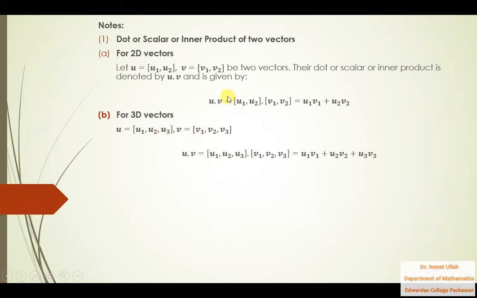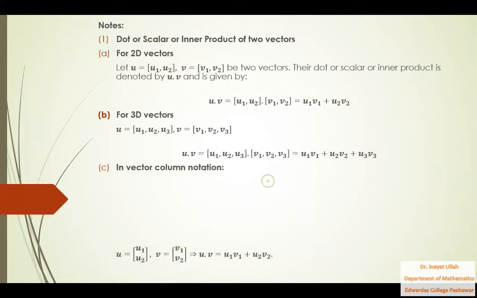Then according to that idea, the dot product of these two vectors will be the dot product of these components. So that is u1 v1 plus u2 v2 plus u3 v3. So that is for 3D vectors.